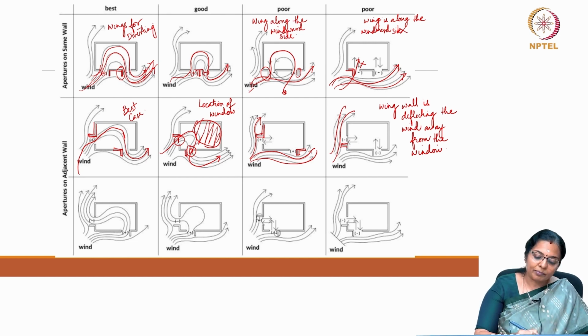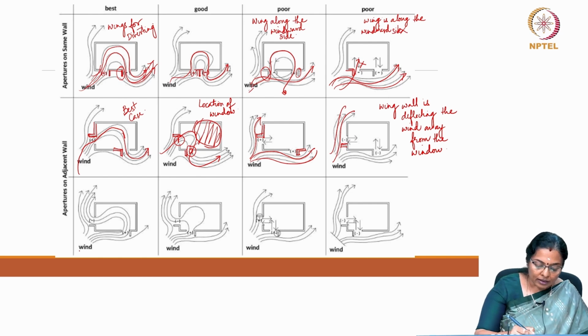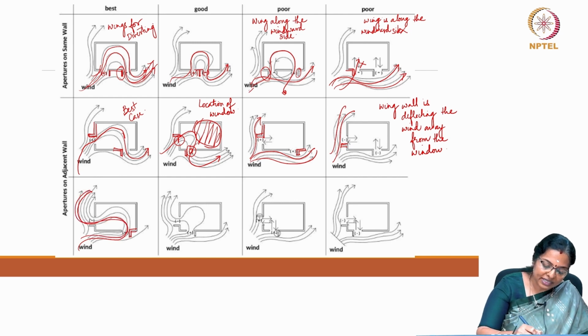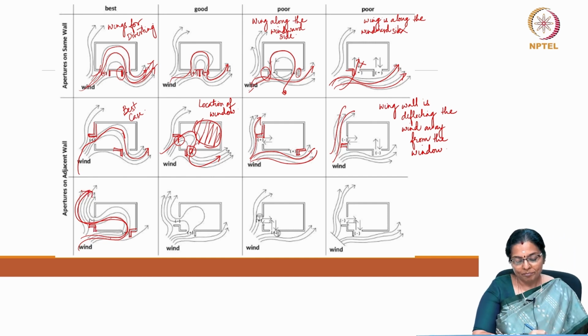Let us look at the change in location of the wing wall. Now, here you have a situation where the wind is along this direction and the wing wall is actually encouraging breeze movement, and this wing wall is helping in deflecting the breeze outside.